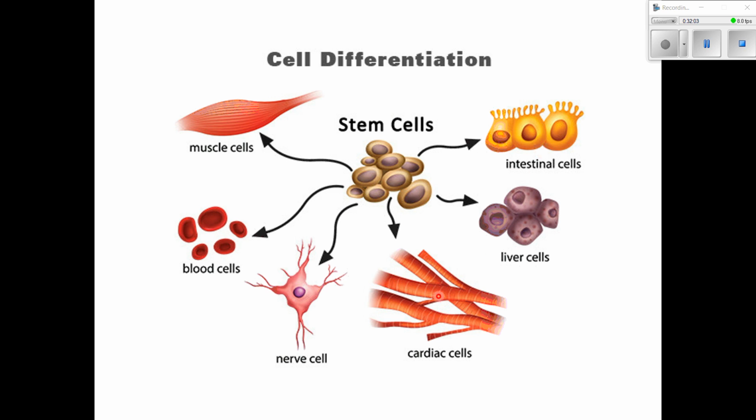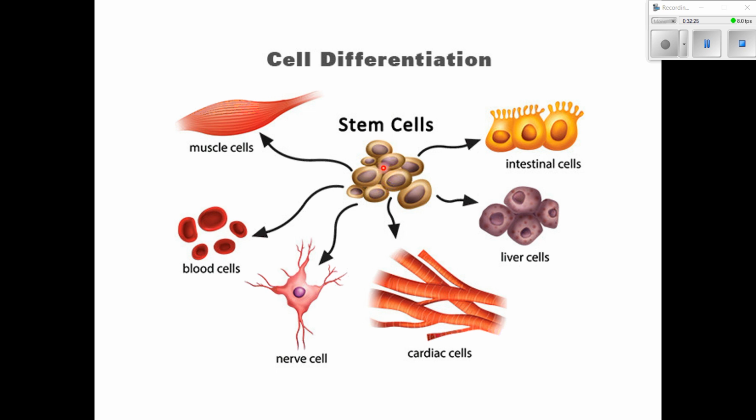So why do these cells look so different, and why do they function so differently if they have the same genes? It's because of which genes are switched on and which genes are switched off. So you take these stem cells and you switch on certain genes and you switch other ones off, and you're going to get muscle.